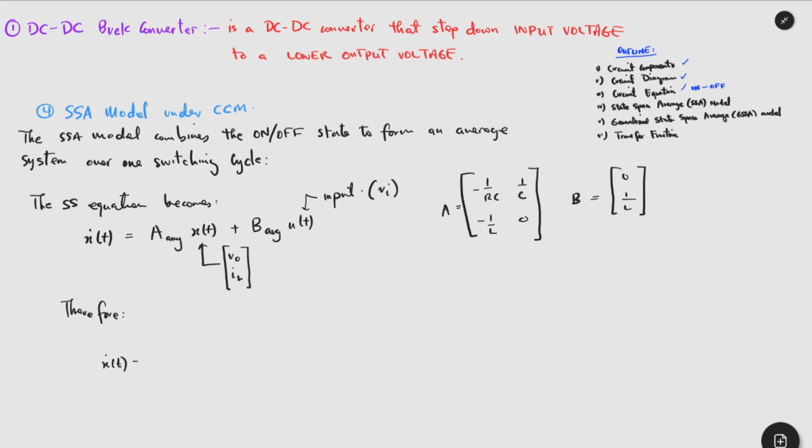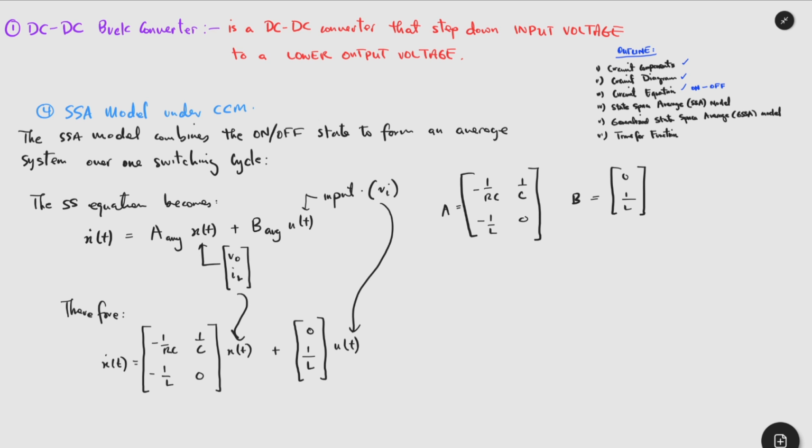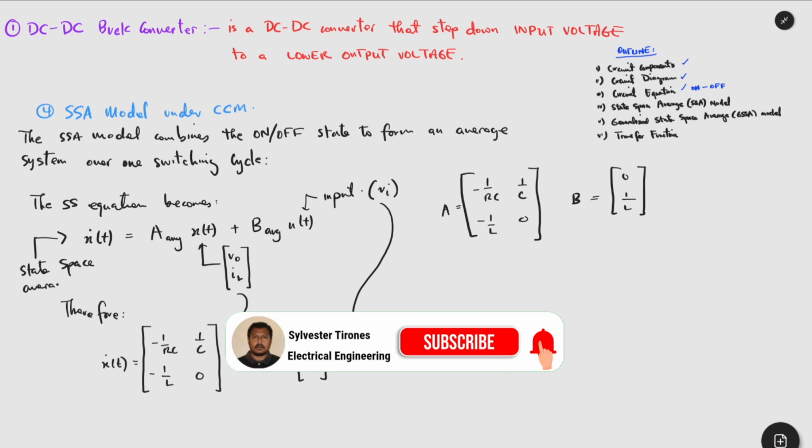So x dot t is equal to minus 1 on RC and 1 on C, minus 1 on L, 0, times x t, plus B, which is 0 and 1 on L, times u t, and we just substitute this to here and this to here like what we have discussed previously. So this is now our state space averaging model.